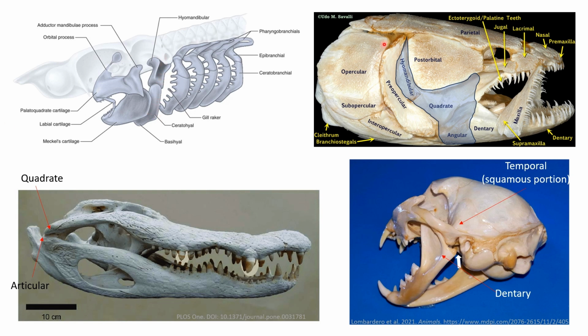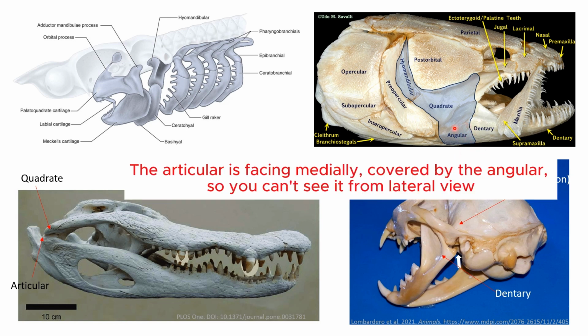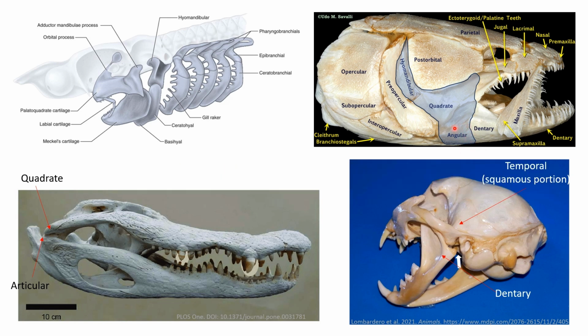The mandibular joint of bony fishes is formed between the quadrate and the articular bone somewhere here. These are derivatives of the palatoquadrate and Meckel's cartilage, respectively. The jaws are suspended via the hyomandibula, and this is called hyostylic jaw suspension.